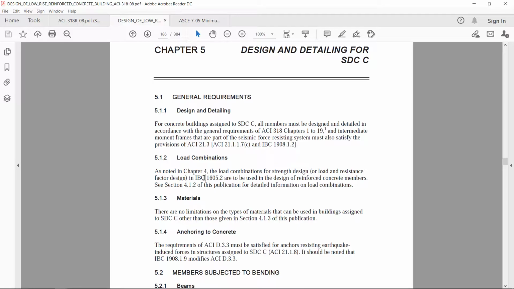But when we generate this load combination in ETABS, we notice that we have only one load combination, and it takes 100% live load. So that was one difference. We do not have a choice to select whether we should use a factor of 0.5 or 1 with live load in this load combination.